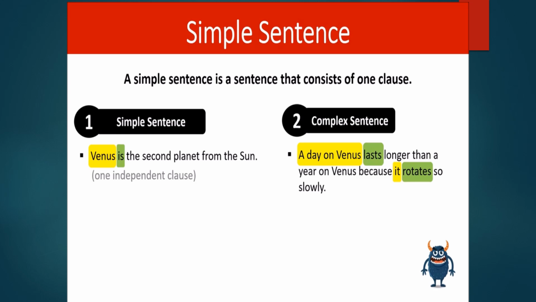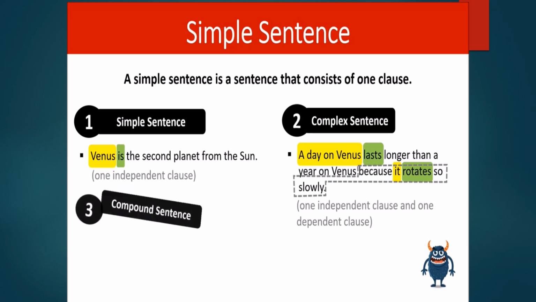It is the subject of the verb rotates. So this has two clauses. Because it rotates so slowly could not stand alone as a sentence. It is a dependent clause. This sentence consists of one independent clause and one dependent clause. That is an example of a complex sentence.